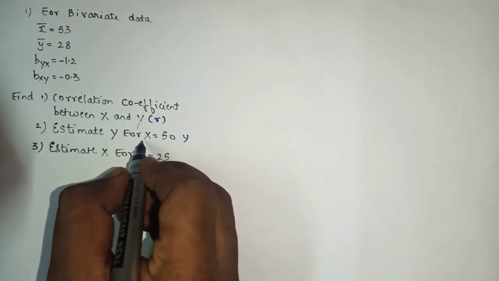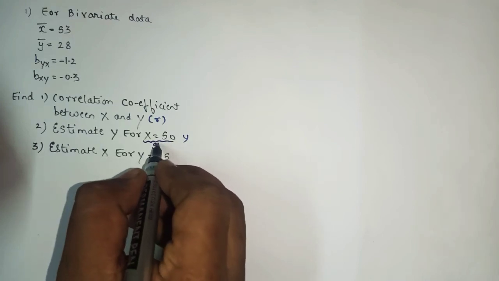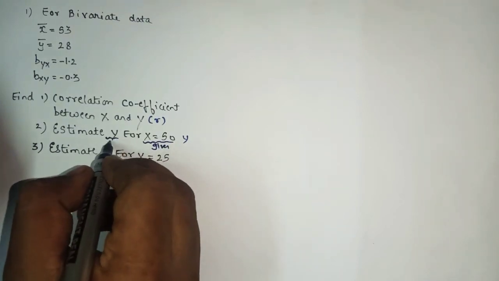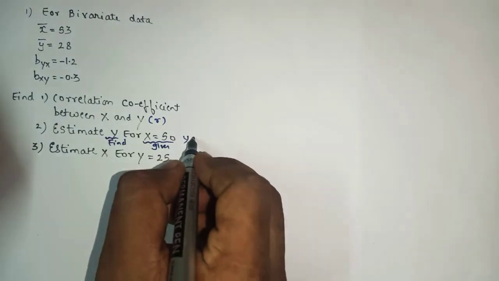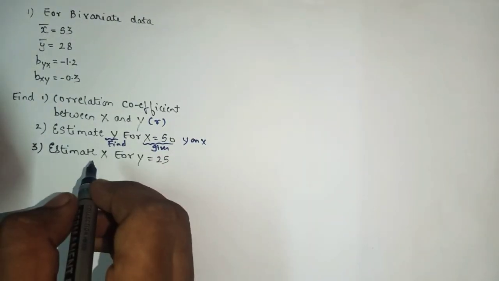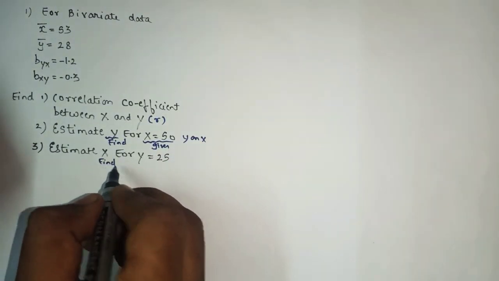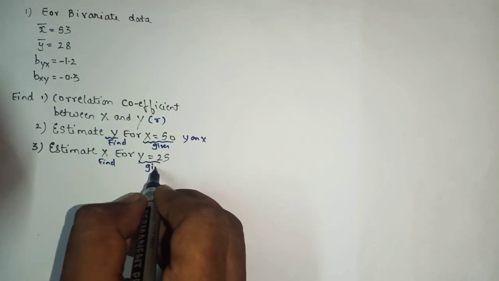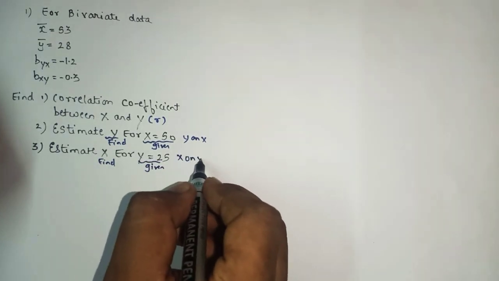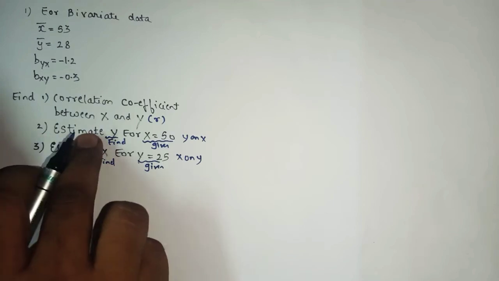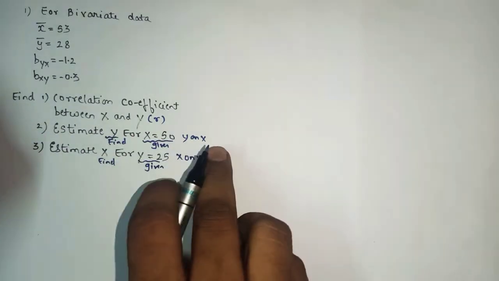As we know, when x is given and y we have to find, it means y on x. When you have to find x and y is given, it means x on y. That means for the second one we have to find the regression equation y on x.